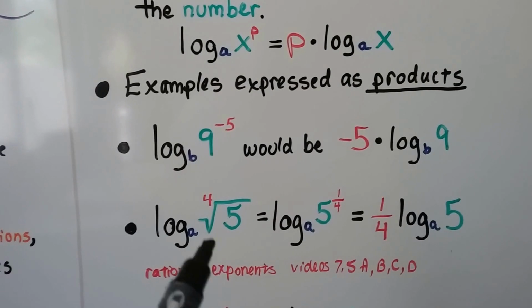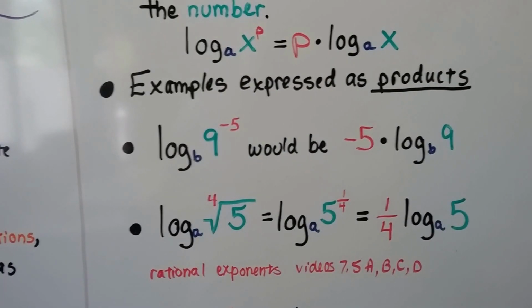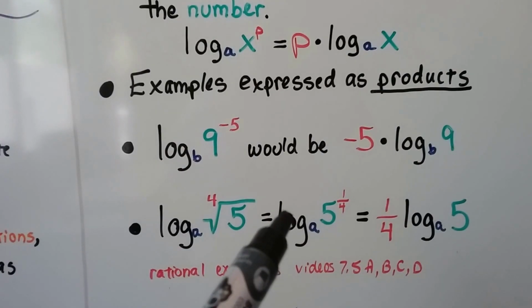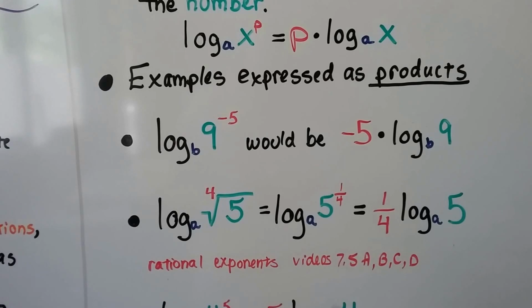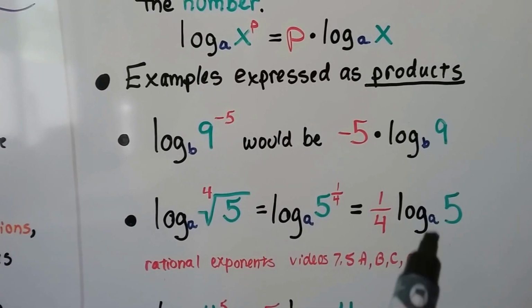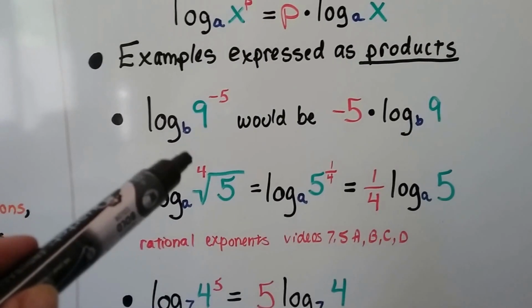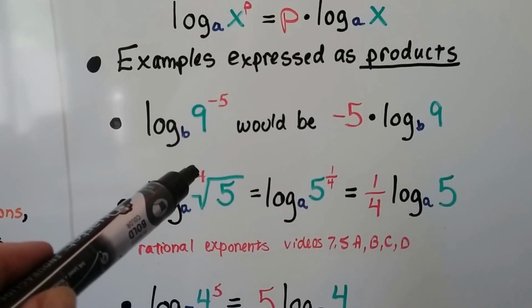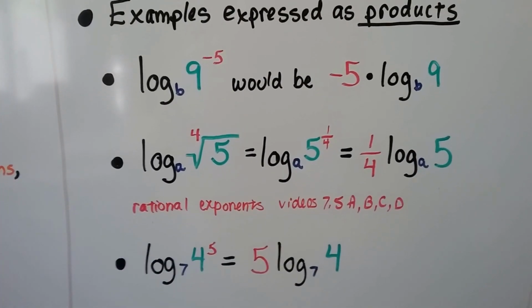We can rewrite it so that the index is the denominator of the exponent. So this would end up becoming log base a of 5 to the 1/4 power, and we would rewrite it as 1/4 times log base a of 5. So just remember that that root out here is the denominator of the fraction exponent.